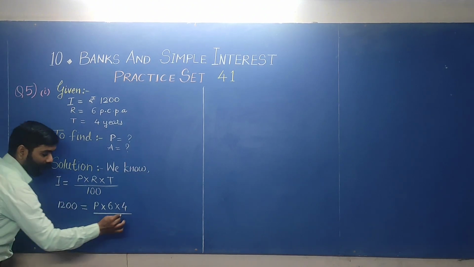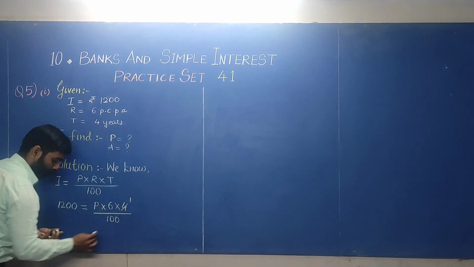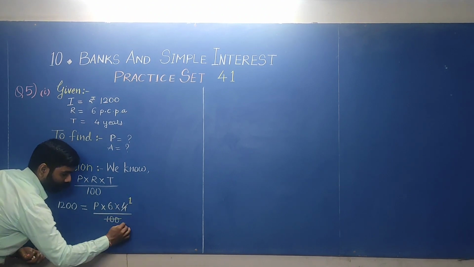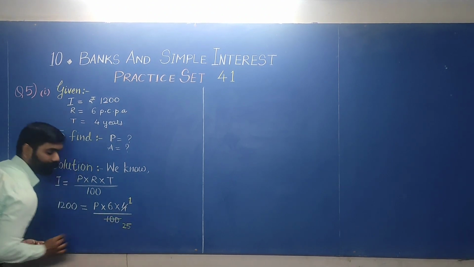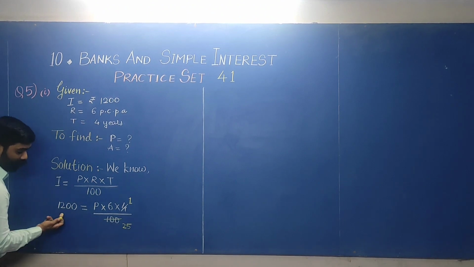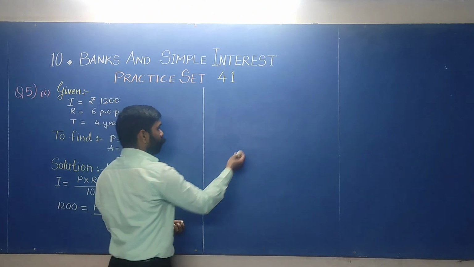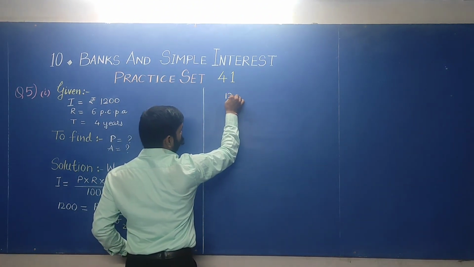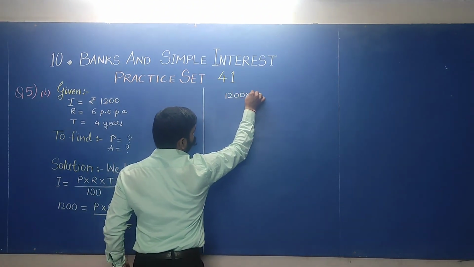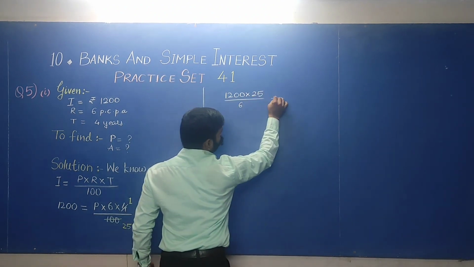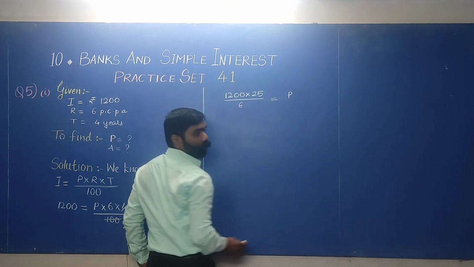Okay students, so we are cutting it. 4 ones are 4, 4 ones are 4, and 4 25s are 100. This 25 I am taking to this side and 6 to left hand side. So what we will get? We will have 1200 multiplied by 25 upon 6 is equals to P. Okay.